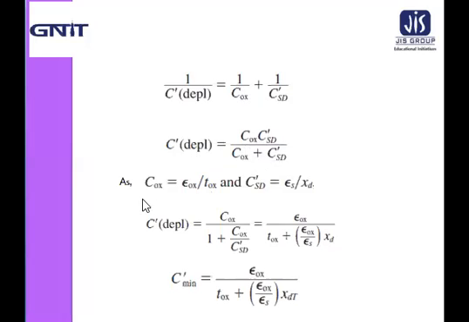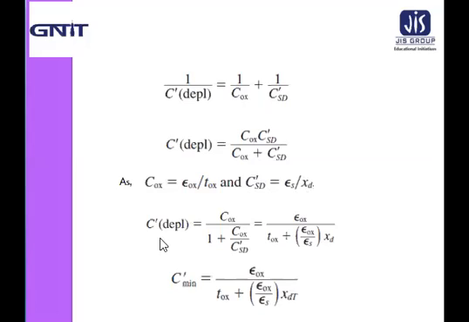Now, as we already know, COX equals epsilon OX by TOX, and the capacitance C prime SD equals epsilon S by XD.